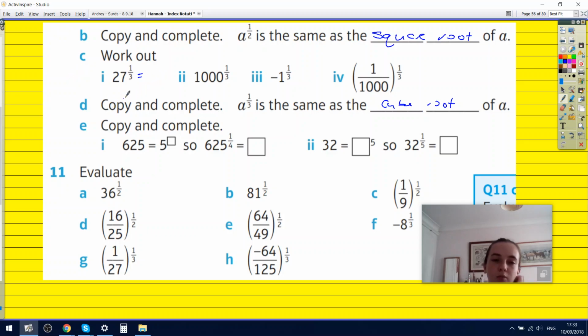Cube root 27. And what's cube root 27? 3. Yeah. How about part 3? Minus cube root of minus 1. So, so just minus 1. Yeah. Next.